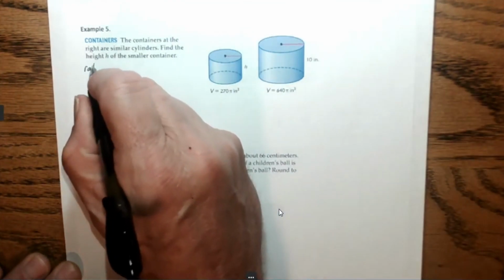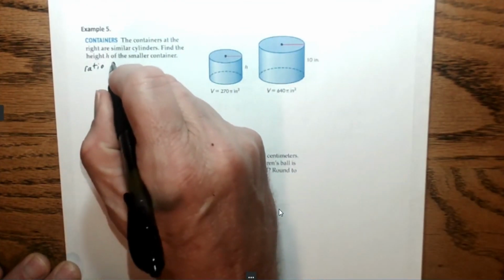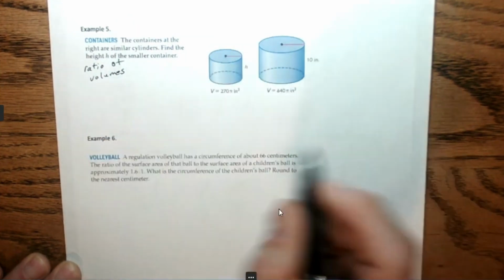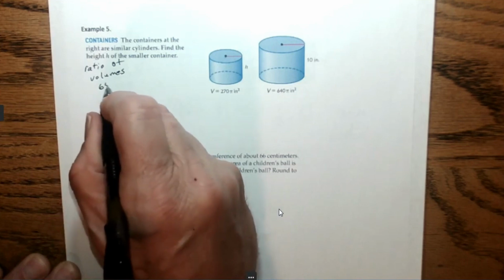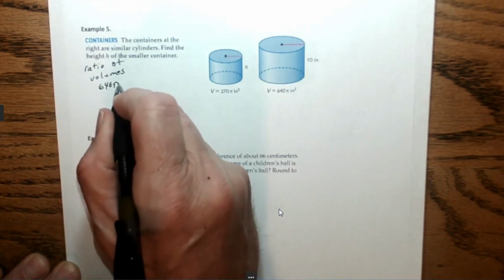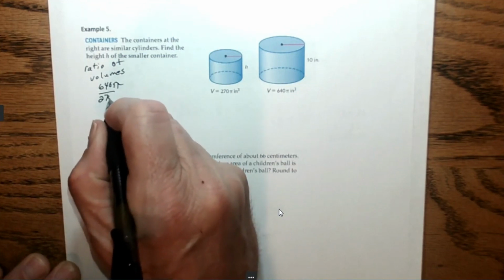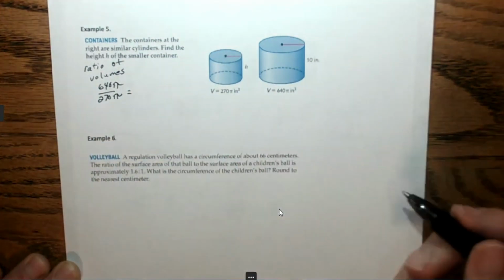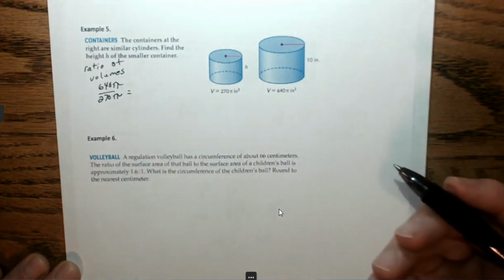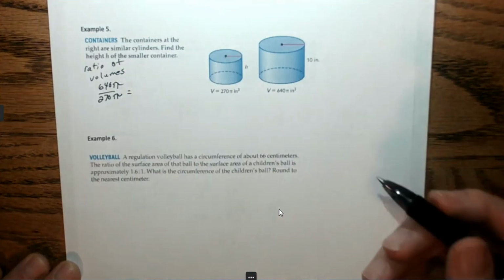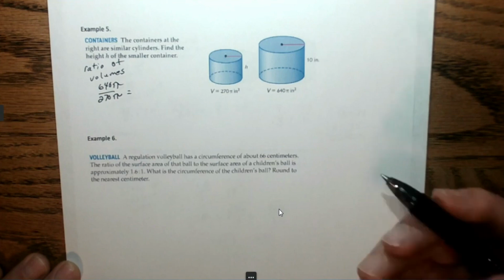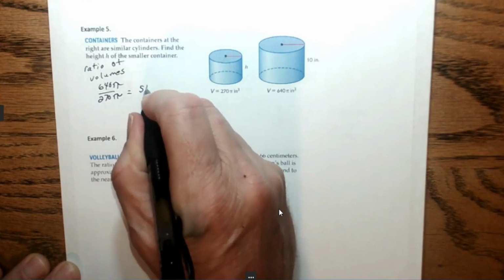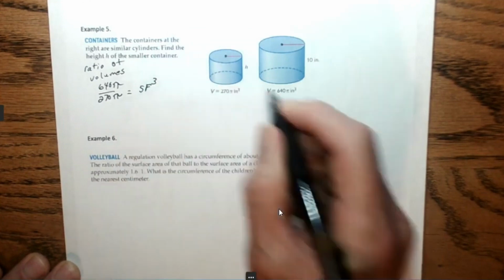The ratio of the volumes is 640 pi to 270 pi. Now, because we're comparing volumes, that's going to be our scale factor cubed. It's going to be the cube of whatever the ratio of the dimensions is. So we have our scale factor cubed.